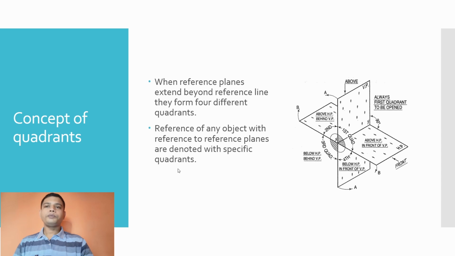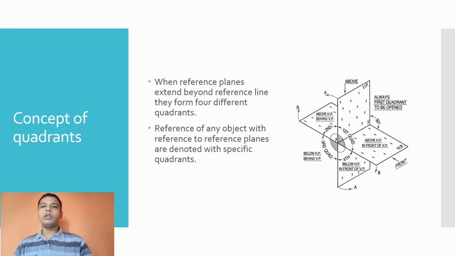But for now, whenever we produce any orthographic projection, we can assume only 2 things: either the object is put in the first quadrant, or the object is kept in the third quadrant. This is the only possible way.